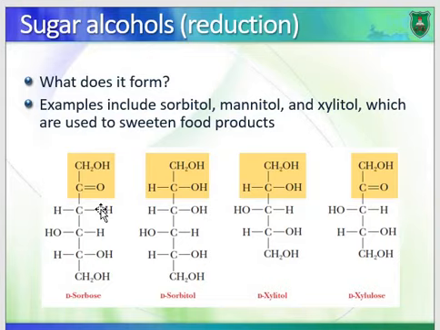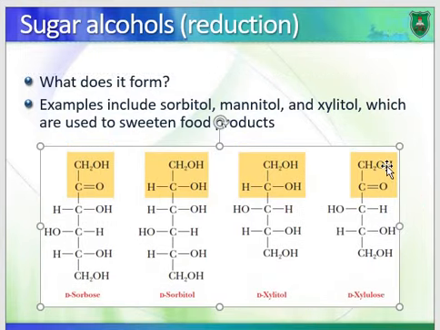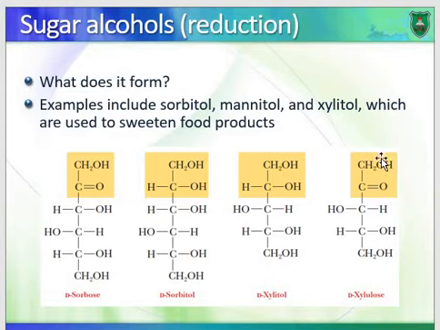Another example of modified sugars are sugar alcohols, where sugars like sorbose, for example, this is a ketose sugar with 6 carbons, or xylulose, which is a pentose or ketopentose, as you can see in here. They can get reduced.